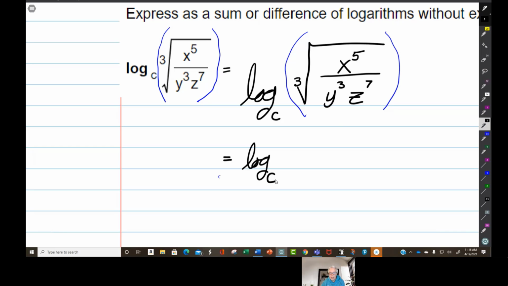Remember, there's another way to write roots. x to the 5th over y to the 3rd z to the 7th, to the 1/3 power.